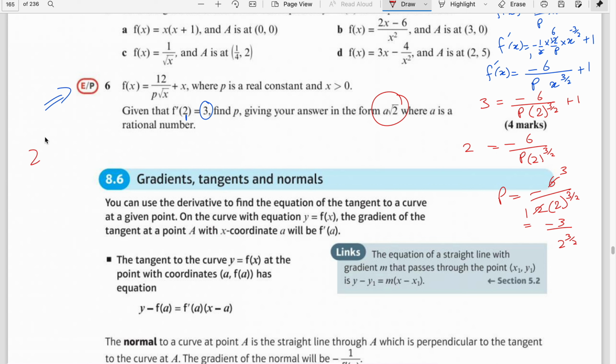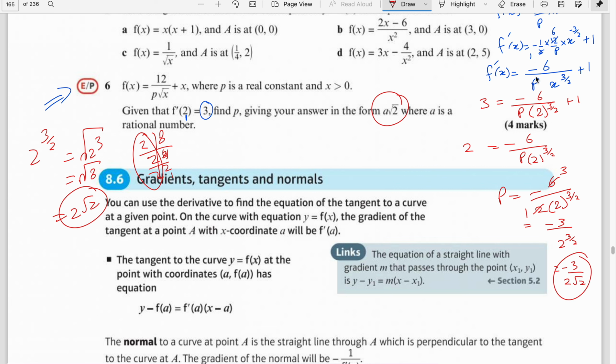So for 2 to the power 3 by 2 I can write it as the square root of 2 cubed, that is square root 8, and square root 8 could be written as 2 square root 2. So that is negative 3 over 2 square root 2. That's the answer.